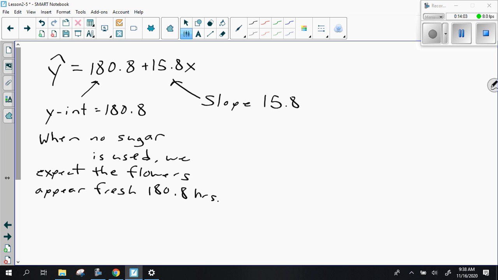Let's talk about what the slope means here. So 15.8. The way that we are going to interpret this is that we're going to say for each unit increase in tablespoons of sugar, or was it teaspoons? Let's look at our units. We're looking at tablespoons. All right.